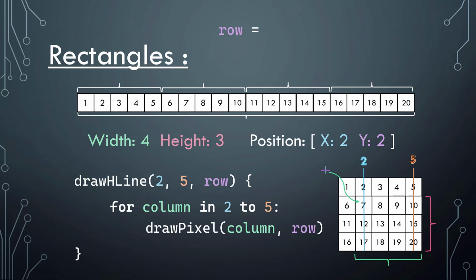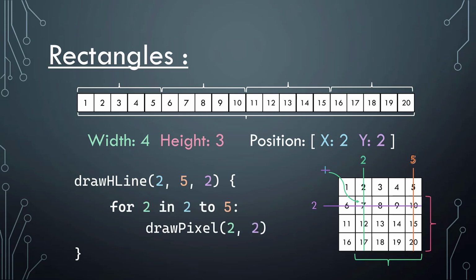And then the row. The first horizontal line that we're going to draw is going to be the top horizontal line of our rectangle, so the row is just going to be the y position, which is 2. Let's mark that here and plug that into our draw horizontal line procedure, and let's start walking through this.